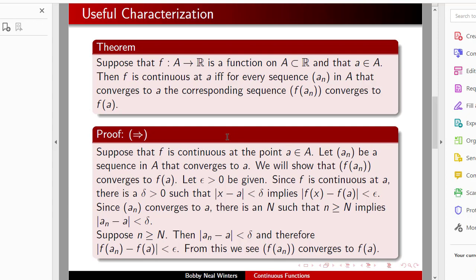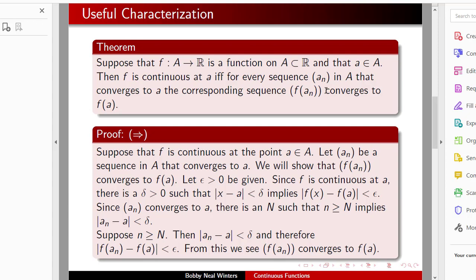Now, this sort of theorem is called a characterization, this if and only if. It means we can swap freely between the condition of being a continuous function and the condition of preserving sequential limits.